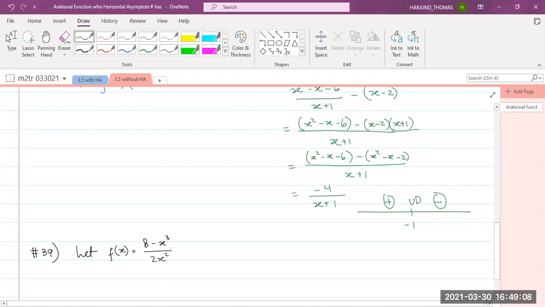Now, because the denominator is not in linear form, we cannot do synthetic division. Yet, because it is only one term, we can split that and simplify further from there. So this is 4 over x squared minus x over 2.